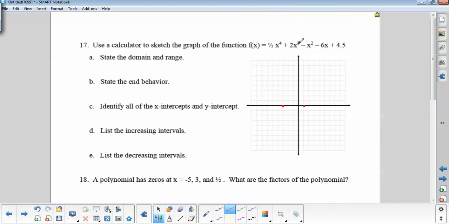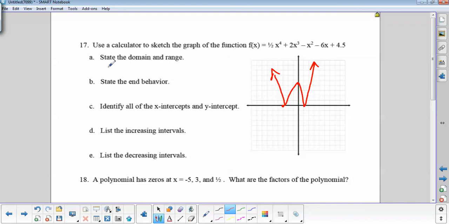So if this is 0, 0, that means your y-intercept is 4.5. 1, 2, 3, 4.5. Okay, and then we can use those points and sketch in the shape. Your graph should be a little curvier than this one. It's a little hard to draw with a smartboard.